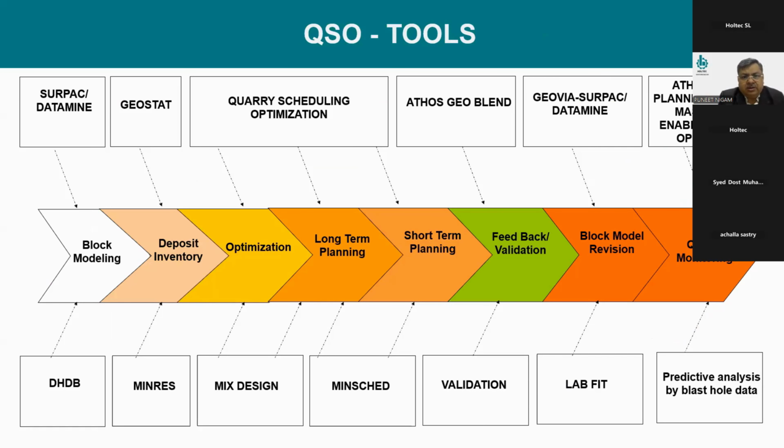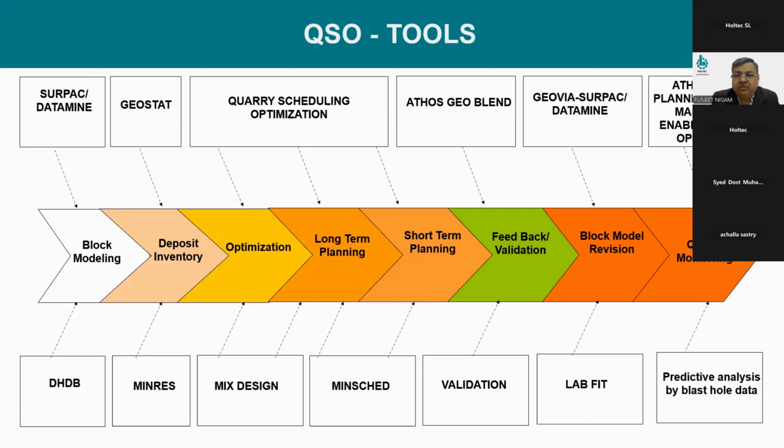The assessment of this material, the assessment of the model or QSO, is governed by many software packages. For the block model, we have SURPAC and Datamine, then we have geostat software, then we have optimization software, quarry scheduling, then one more, Ethos GeoBlend, which does the same as quarry scheduling, but with more graphic capabilities and working with larger data volumes.